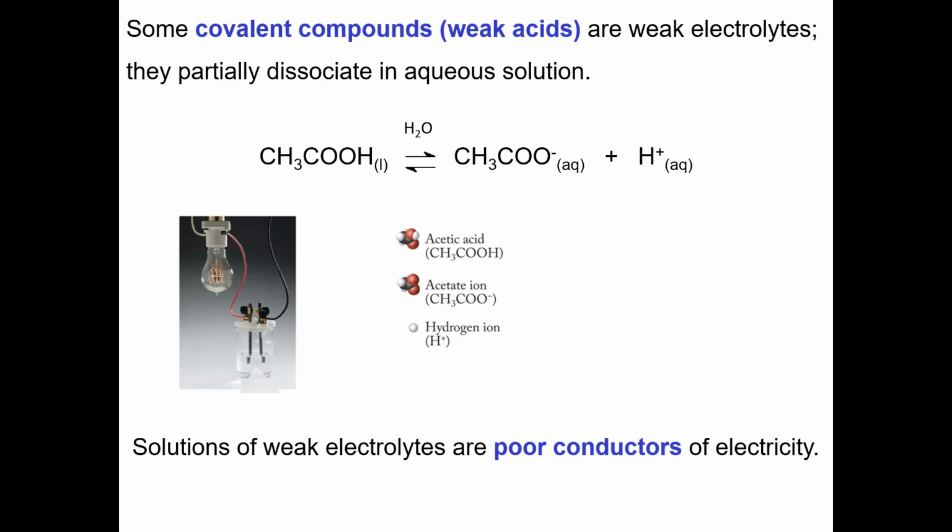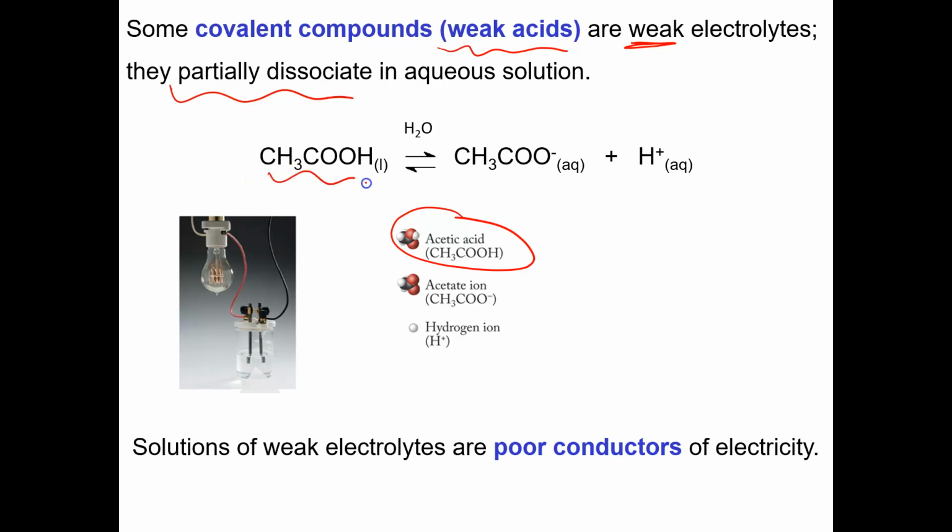Some covalent compounds, what we call weak acids, are what we could describe as weak electrolytes. That is, they partially separate into ions when dissolved in water. And a good example of this is the weak acid, acetic acid, which is the acidic component in vinegar.